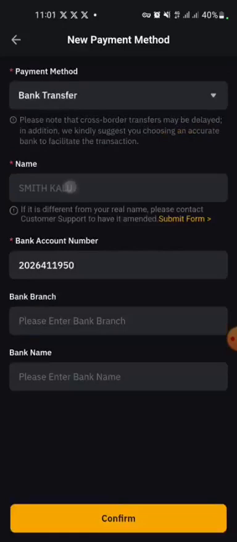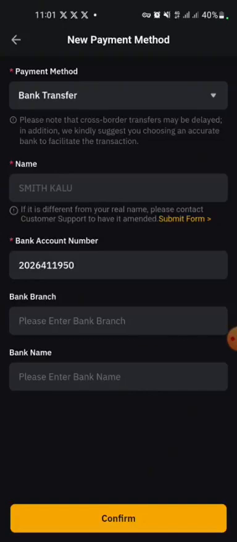Look at these ones that have red asterisks beside them, like payment, the name, the bank account number. This shows you that they are important, so they must not be empty. But these ones that do not have red asterisks beside them are optional.